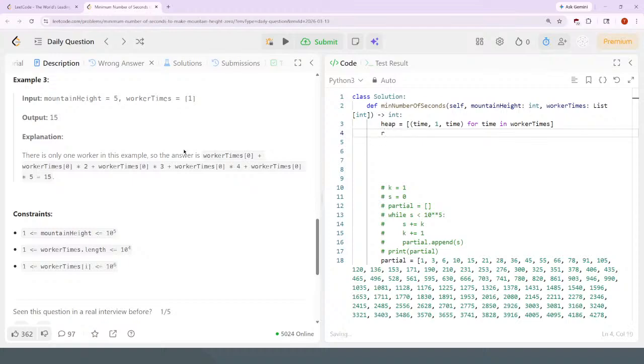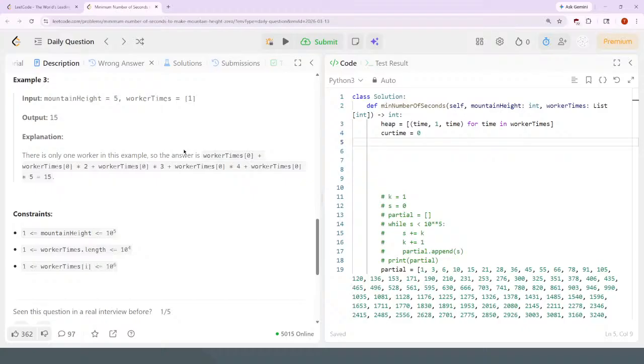Current time is, let's say, 0. Heapify the heap.